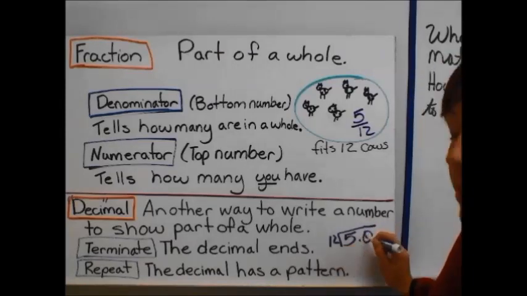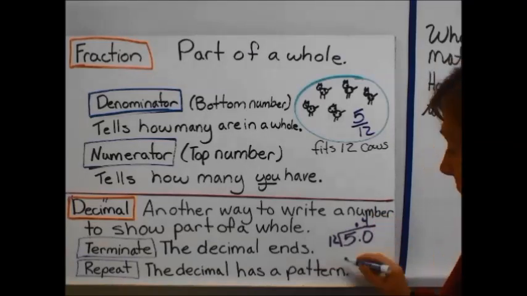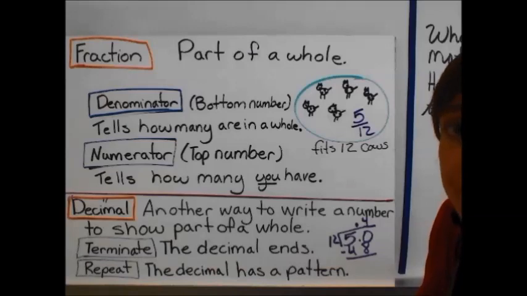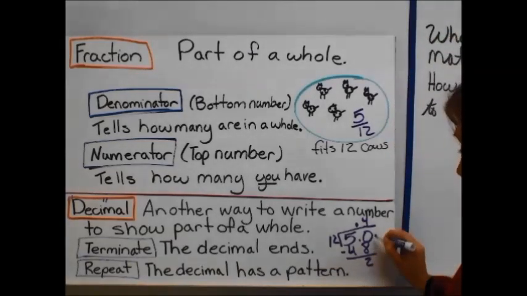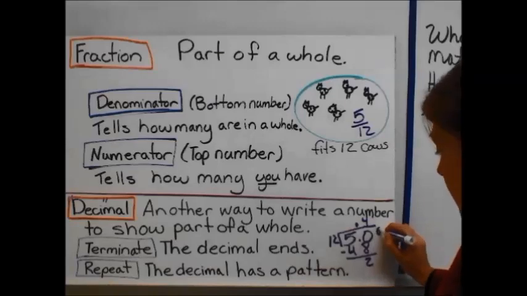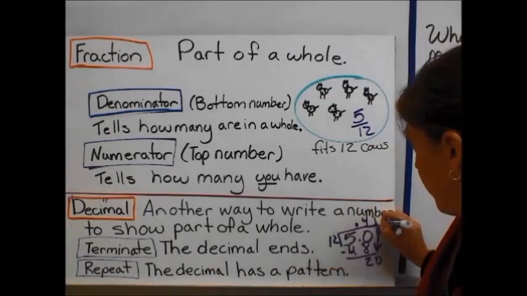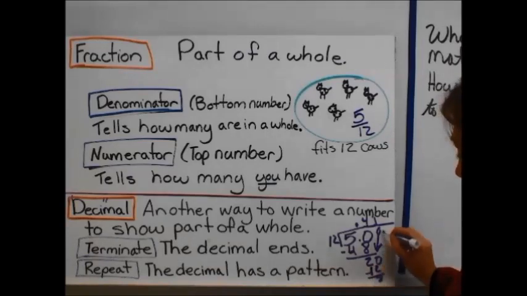Okay, 12 goes into 50 4 times, and that gives us 48. 48 from 50 is 2. 12 goes into 20 1 time, and 1 times 12 is 12.